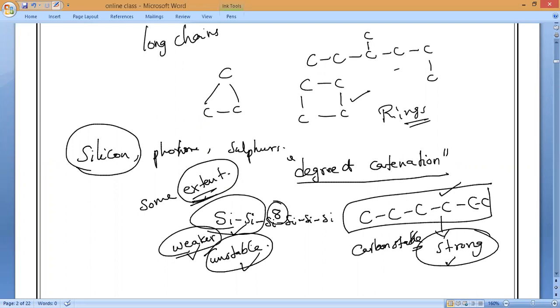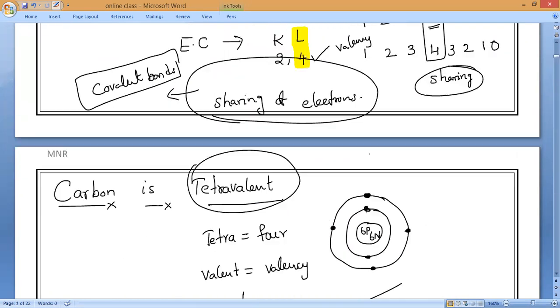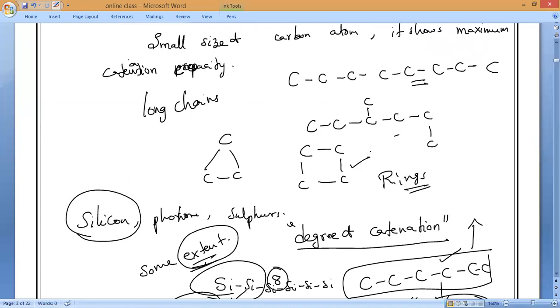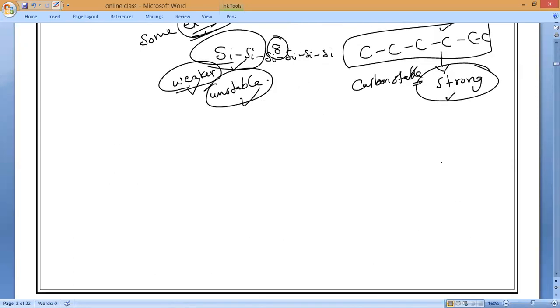So then why, sir, only carbon is very strong? Because carbon atoms are very small in size. That is what I have told you. The small size of the carbon atoms means they hold the bonded electrons very strongly. That is the reason it forms the longest chains, called the catenation property.